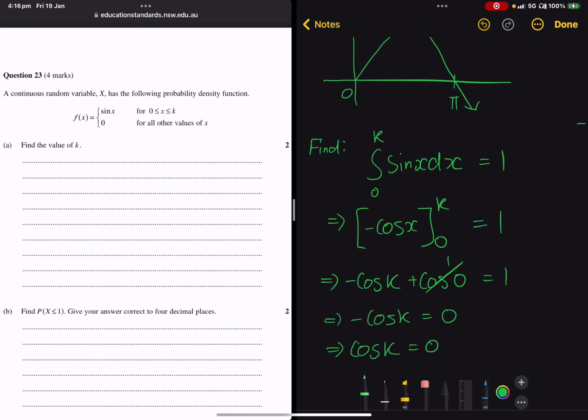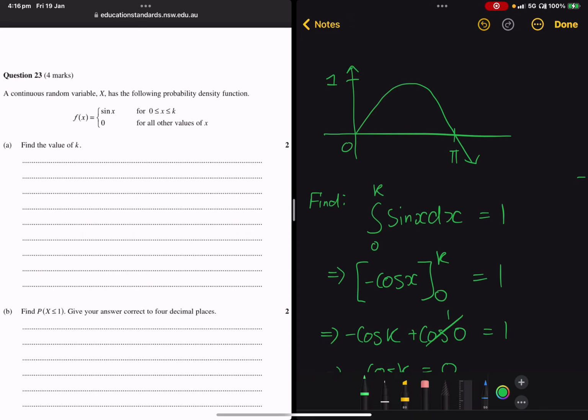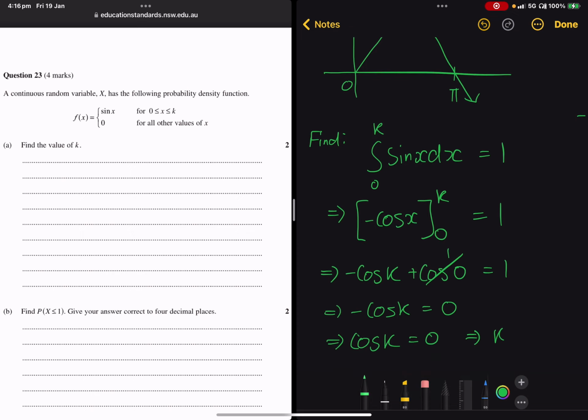Now we're trying to find a k value that makes cosine equal to 0. The only value between 0 and pi that does that is pi on 2. So k is equal to pi on 2, and that is the value of k that makes this a probability density function.